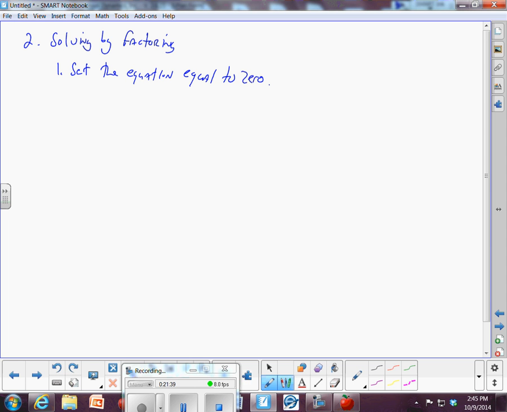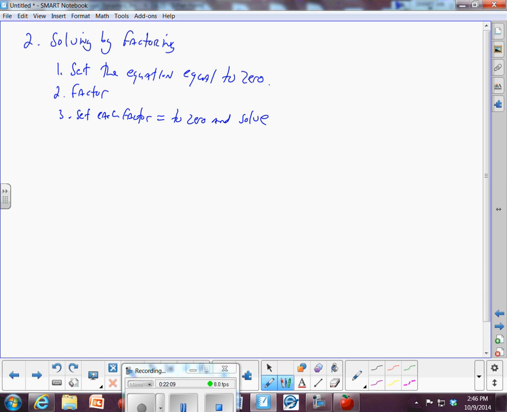I'll show you that in a little bit. Step number 2, once it's equal to 0, factor. Step number 3, set each factor equal to 0 and solve. Again, you'll be able to do some of those in your head.